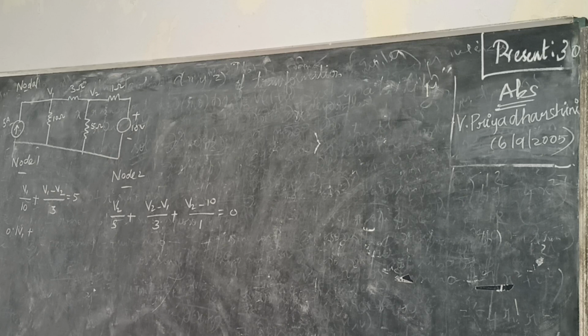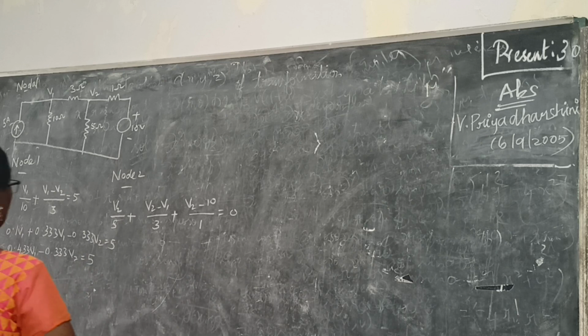Simplify the problem. 0.333 V1 minus 0.333 V2 is equal to 5. Then 0.1 plus 0.333 is 0.433 V1 minus 0.333 V2 is equal to 5.